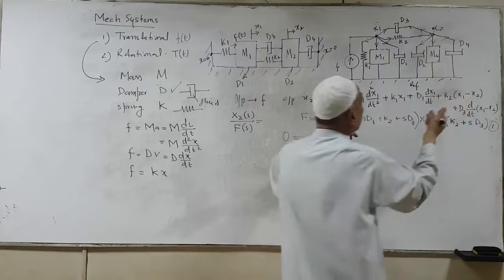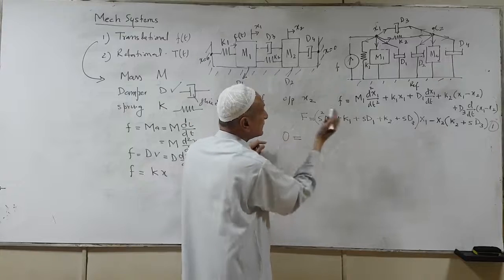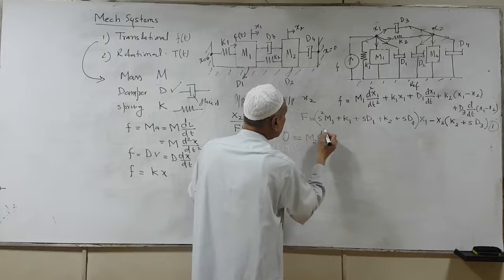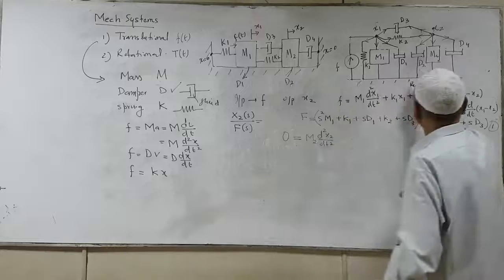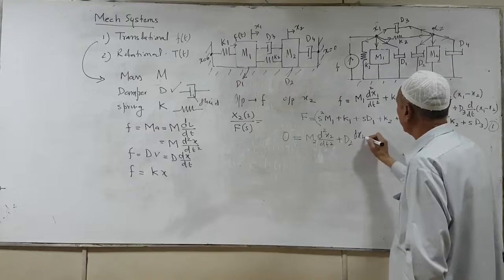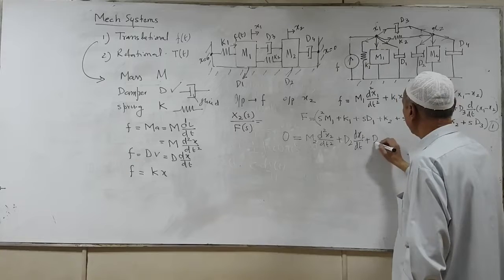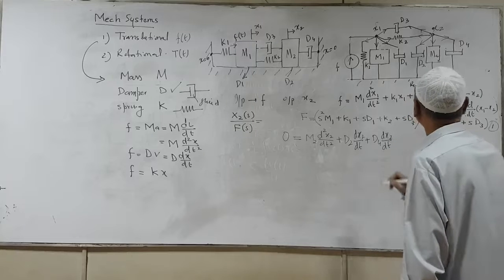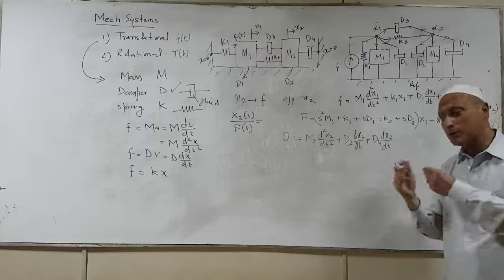So again there are 5 in number. There is no source. So starting from m2 d square x2 by dt square, then we have plus d2 dx2 by dt, then we have d4 dx2 by dt, and then we have those two elements which are common between the two nodes.